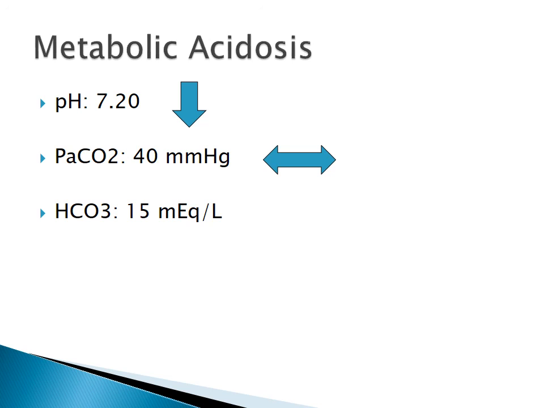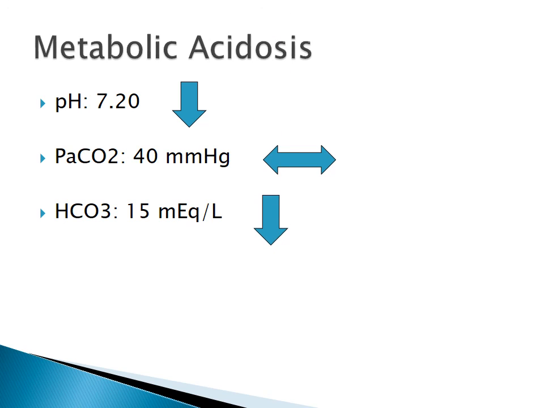And then lastly, we're going to look at our bicarb, 15. Well, we know normal is 21 to 28 or 26. I can't remember that top number. I better remember it, huh? So when we look at that, we want to be able to say 21 to 28. We know that this is low, and so hit that button again. Here comes the arrow.